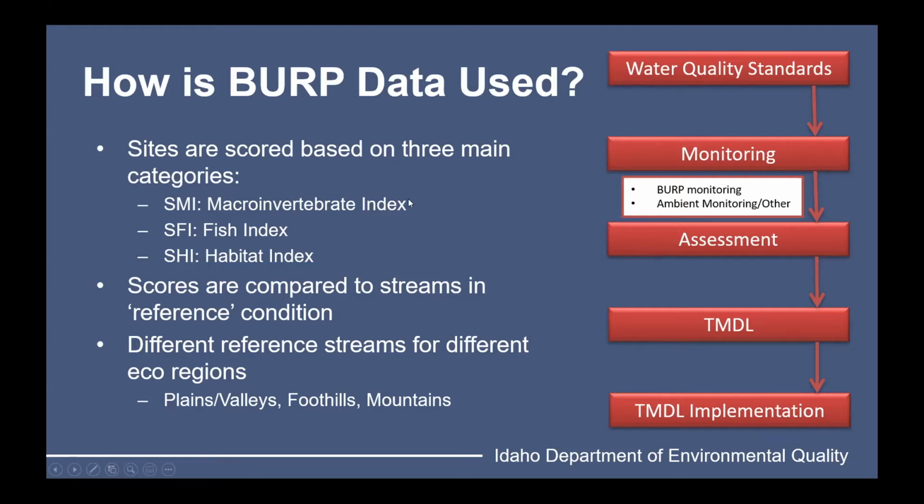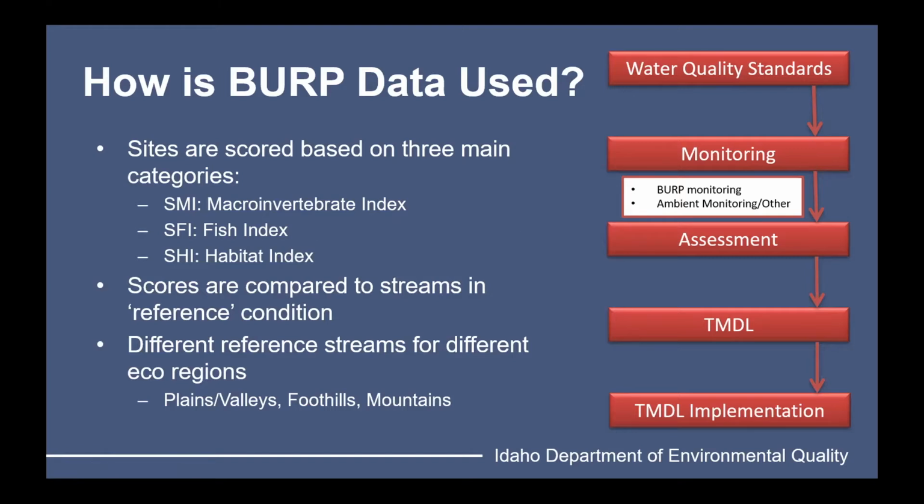That would be a good indication that a stream might be supporting cold water aquatic life. Or other things would be certain species that are known to be sediment intolerant. That would give you a good idea of maybe if there's a sedimentation problem in your stream, if you no longer have any of those species, but you used to find them in those reaches.